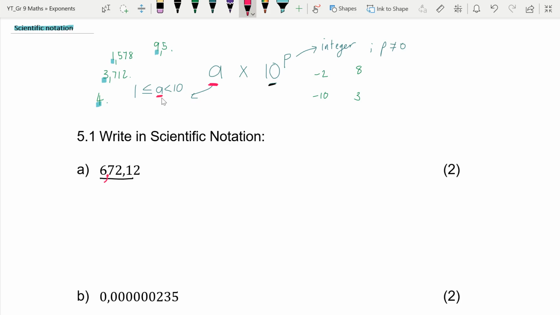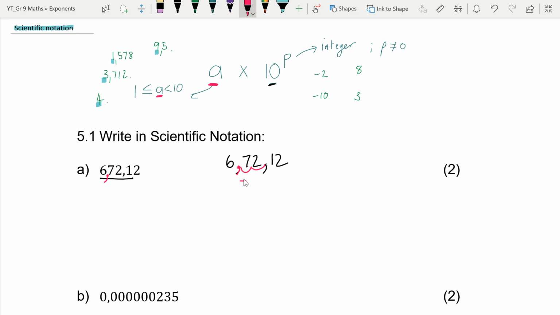Because our a must be between 1 and 10, we want 1 digit before the comma. Currently the comma is there. We want the comma to be here. So we are moving it 1, 2 spaces.